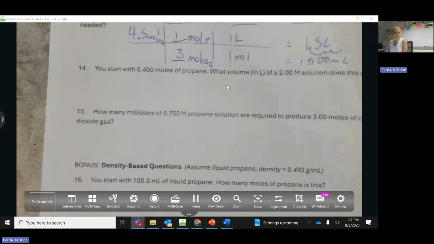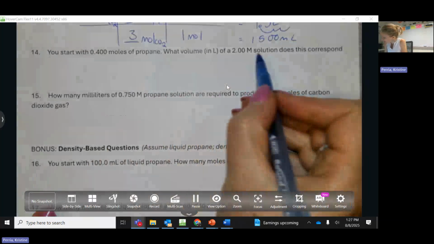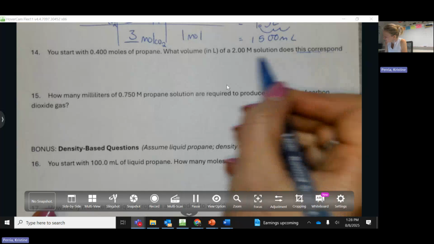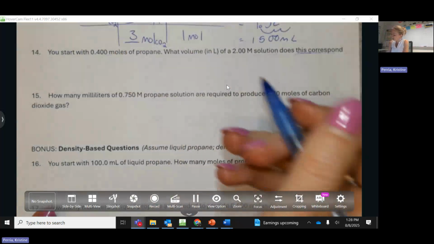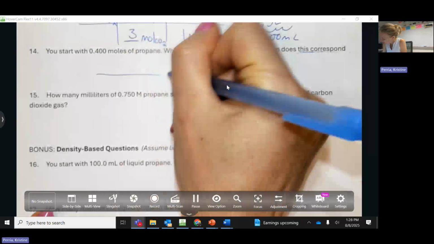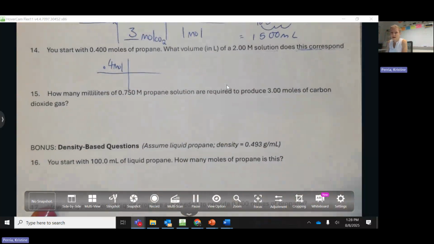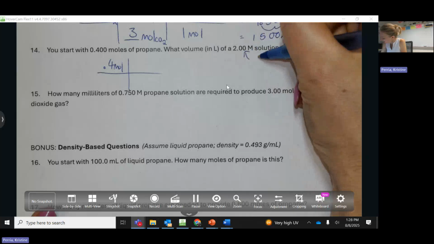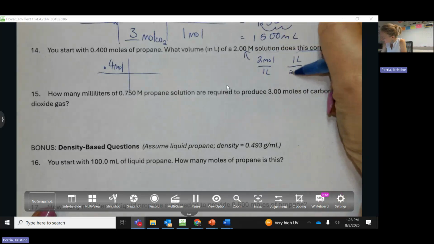Okay. Number 14, you start with 0.4 moles of propane, and it's the same, it just says this corresponds to. So it's really just the same thing. It's the same compound as before. So it's just a 2-step problem then. So we have 0.4 moles. Okay. And then we're going to change our molarity into 2 moles per 1 liter or 1 liter per 2 moles.